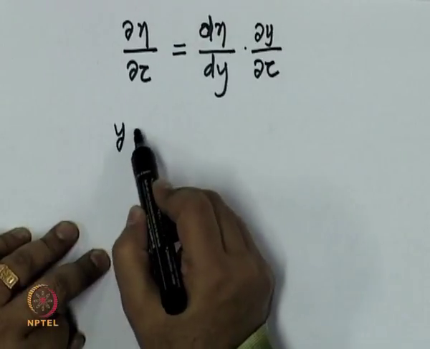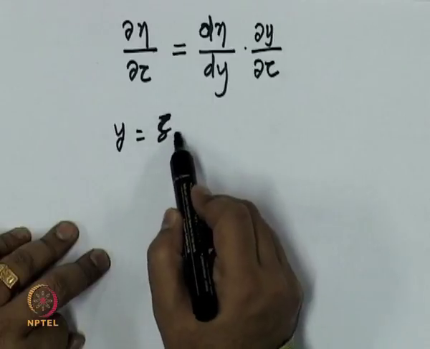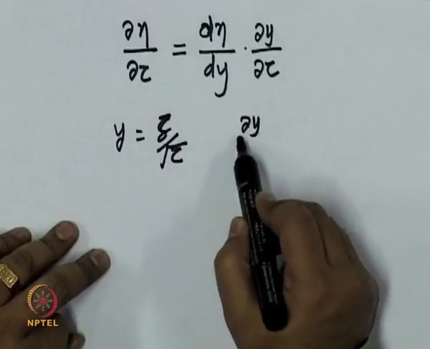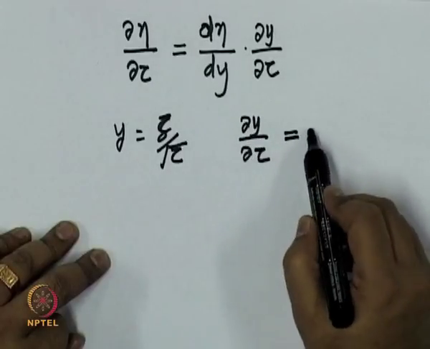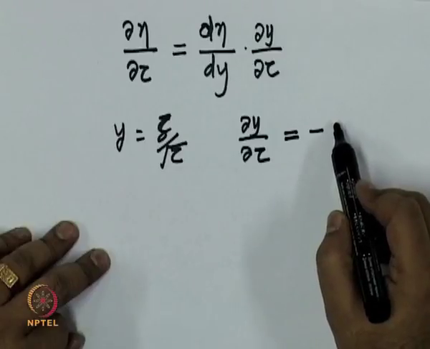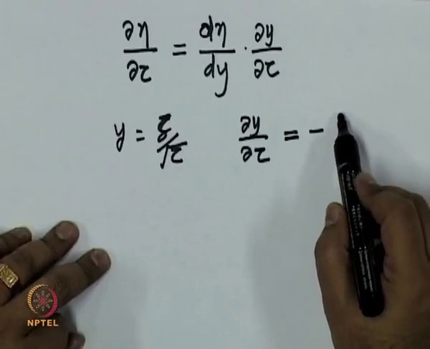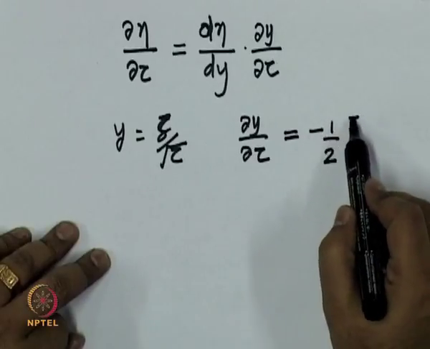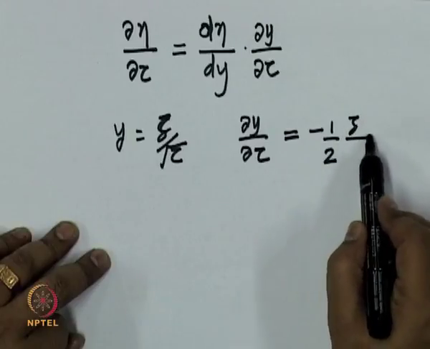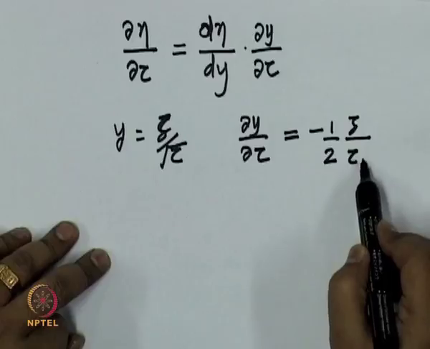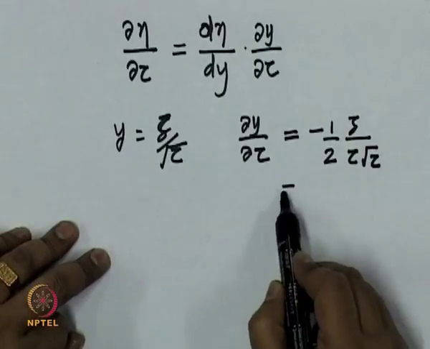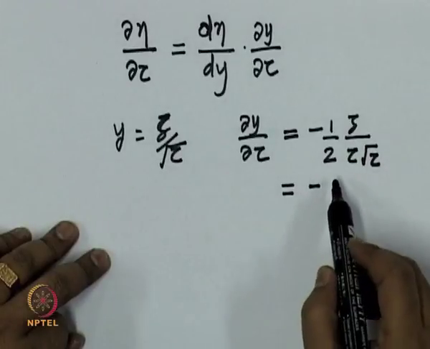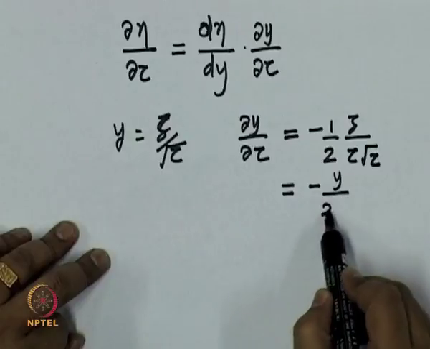Now, because we have defined y as z by root τ, if you take ∂y/∂τ, that will be minus, because τ to the power half, minus half, 1 by 2 will come, and z and then τ to the power minus 3 by 2. So, it will become τ and root τ. So, this is nothing but minus z by root τ, which is y itself. So, y by 2τ.